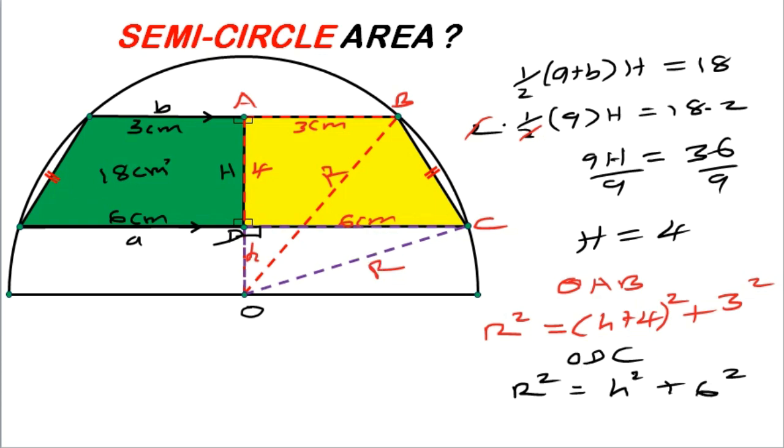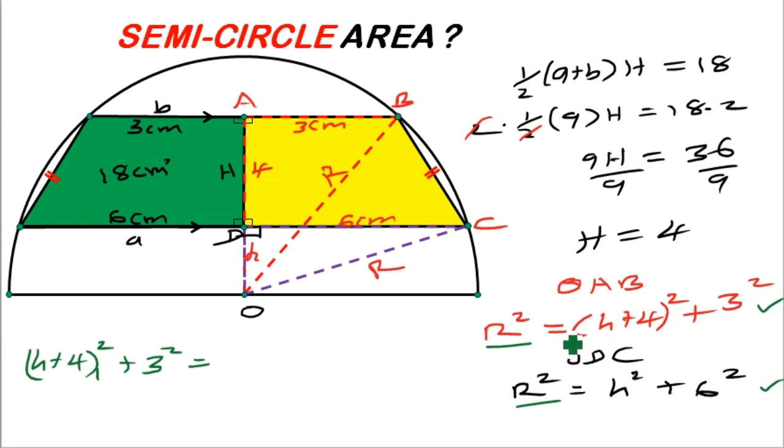Now if you look at the two equations, they are equal because both of them are r squared. So when you compare the two equations of r squared, we'll have h plus 4 squared, then plus 3 squared.